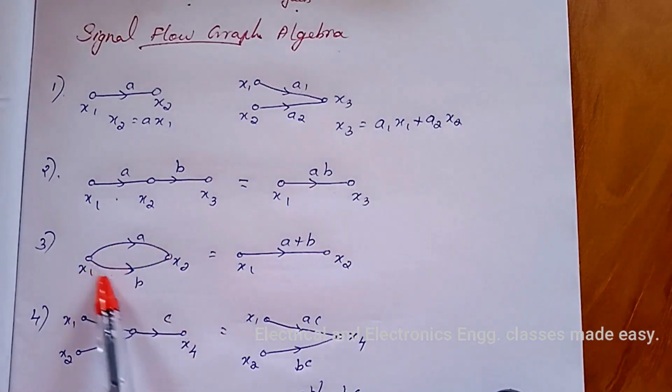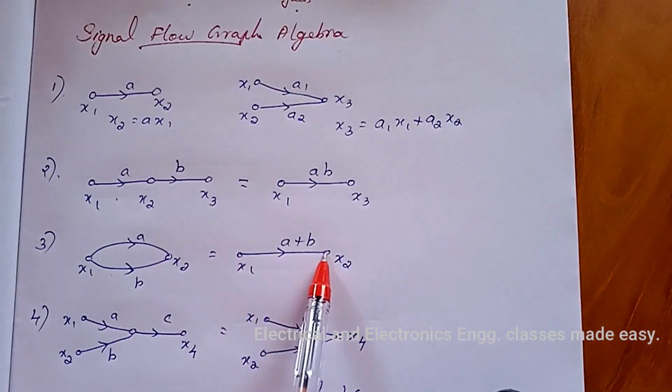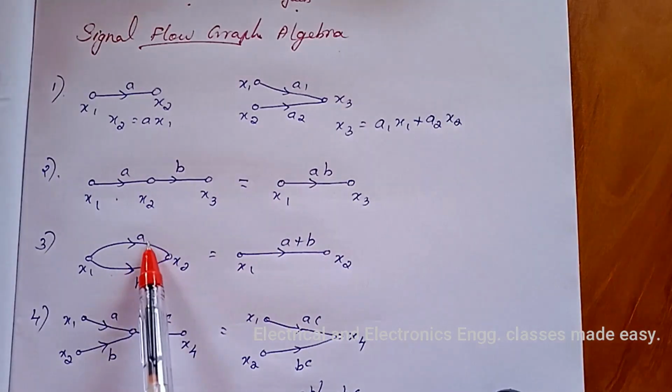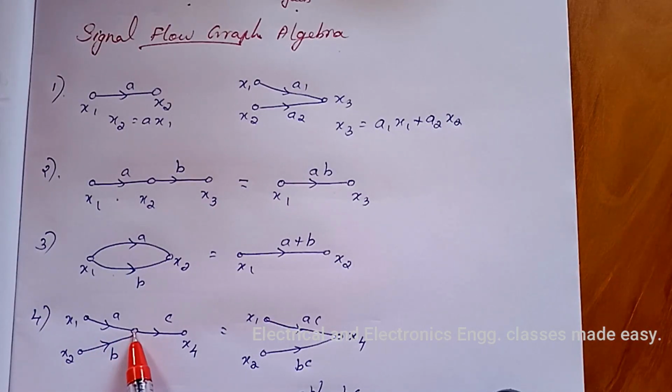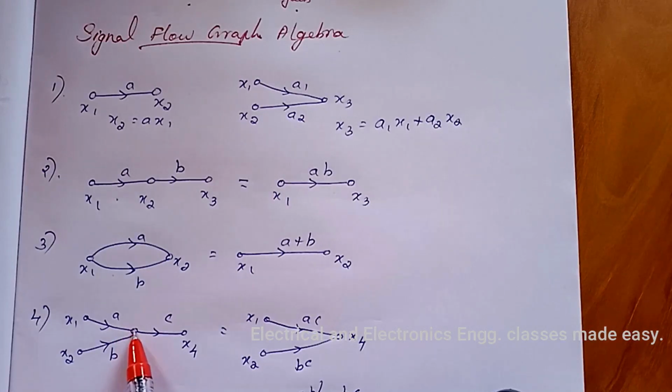So these two are in parallel form, so we can combine them into a single branch by adding the transmittance, that is A plus B. Then the fourth one, a mixed node, can be eliminated by multiplying the transmittance of the outgoing branch to the transmittance of all the incoming branches to the mixed node.